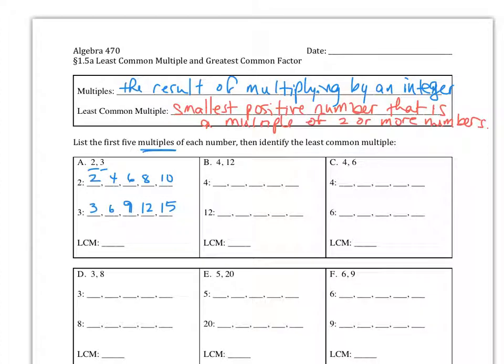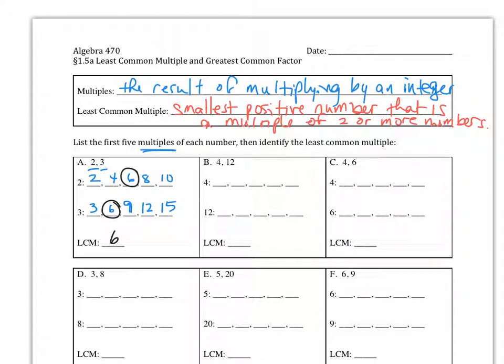What's the smallest number that appears in both lists? 6. Diana says 6, and I think I heard some other people say 6. So 6 is our LCM. We're trying to find the smallest number that both numbers go into.